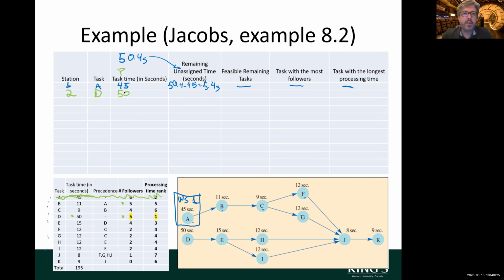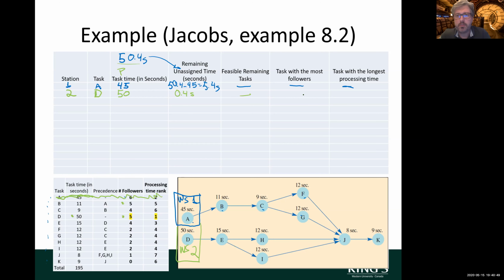So my takt time is 50.4. So now I have 0.4 seconds remaining. So there's obviously nothing that I can do. So task D is now workstation number 2. All right.